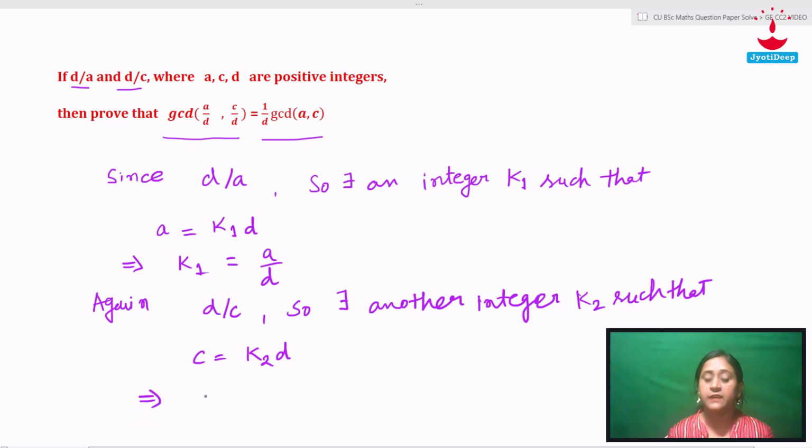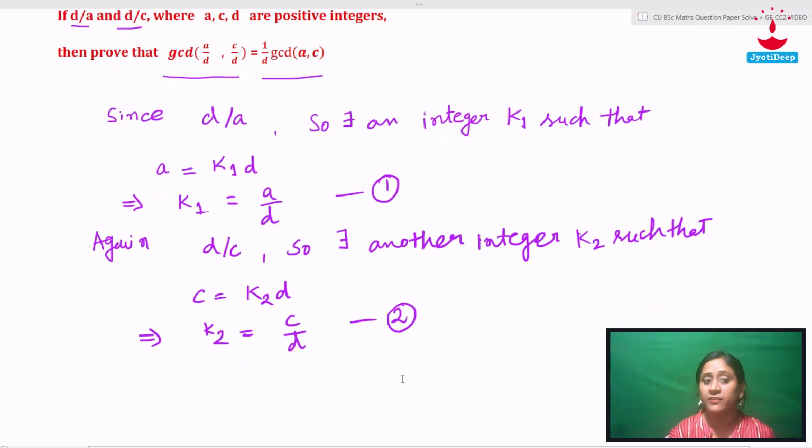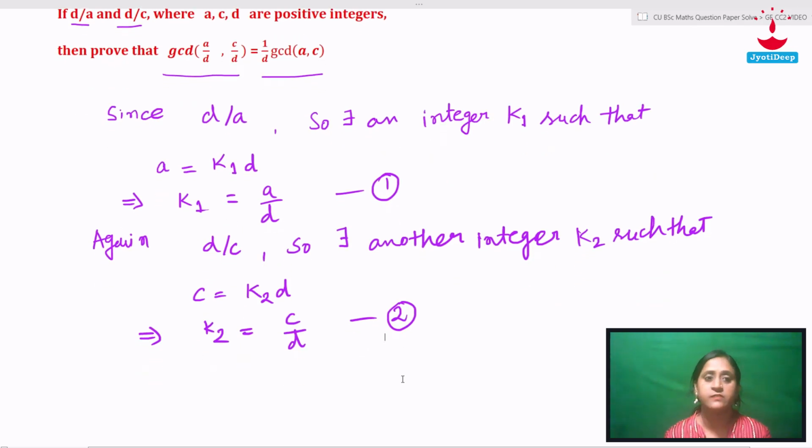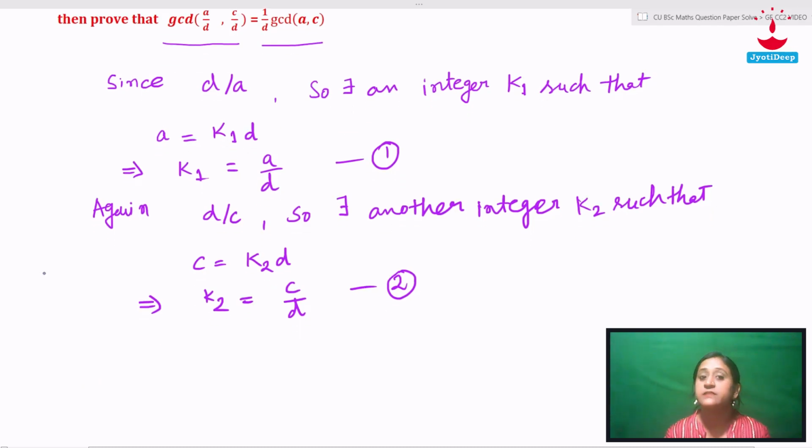This implies k2 is equals to C by D. Okay, this is number 1, this is number 2. Okay, this was given. Now we are going to find GCD of A, C.